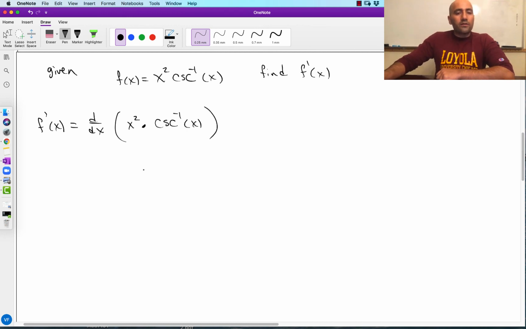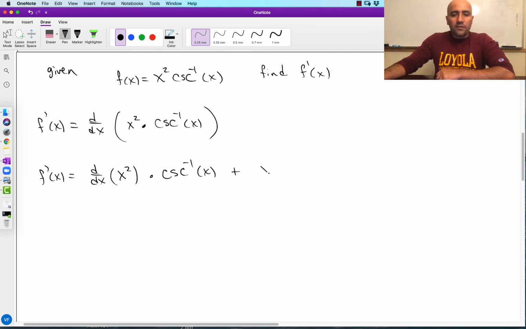This is going to be a product rule, so f prime of x is equal to d/dx of x squared times cosecant inverse of x, plus x squared times the derivative with respect to x of cosecant inverse of x.